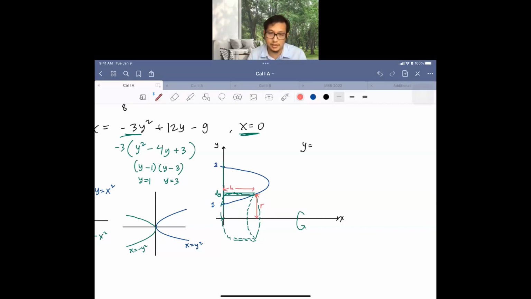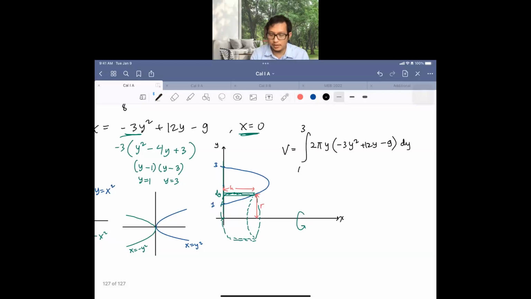The height is the curve itself, in terms of a function of y. Now we could write down the volume from 1 to 3, 2 pi. The radius is just the variable y, multiplied by negative 3y squared plus 12y minus 9, and then dy.